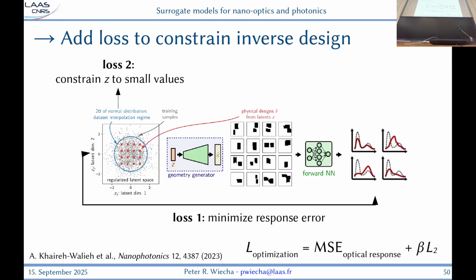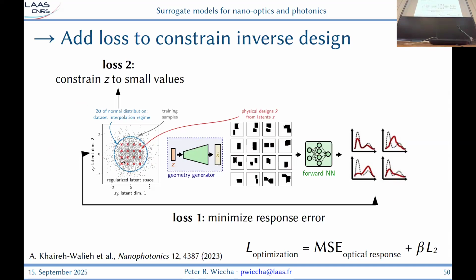Now we have all the ingredients that we need. Instead of directly optimizing the gradients in the pixels of the image, we can now optimize the latent space parameters, then translate this latent vector to an image and calculate the optical response. With back propagation, we again modify the latent vector.